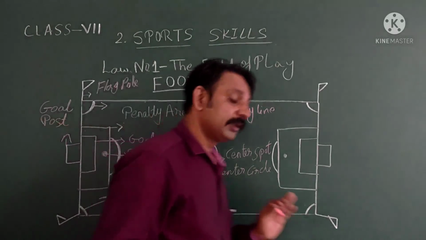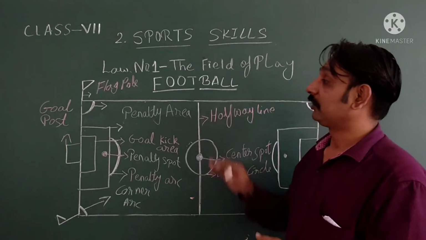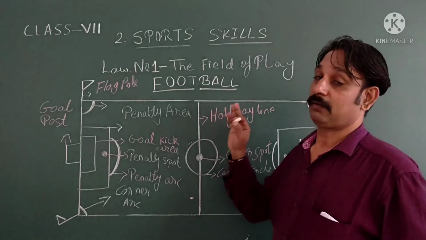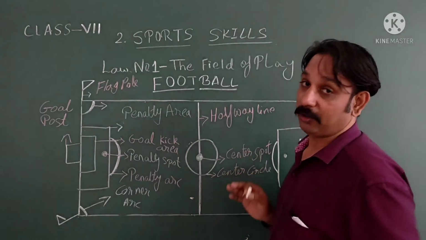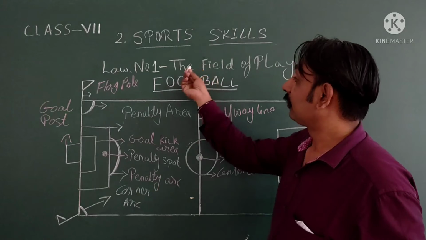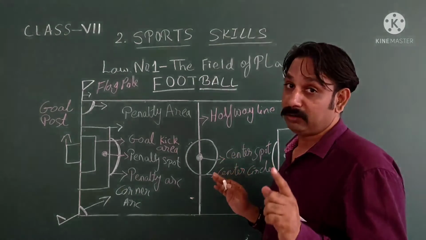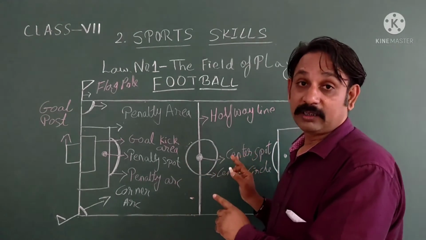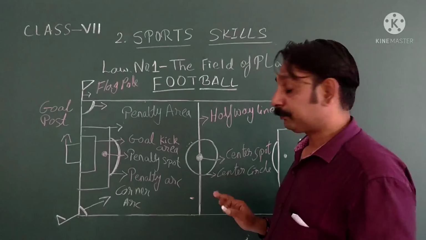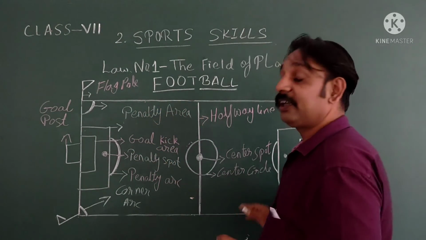So now children, in today's class, the first thing you came to know is that the name of the game is football. And in football, the shape of the ground, that is rule number 1, the field of play, the ground. We came to know the shape of the ground. It is rectangle in shape. Then what are the different parts of the field?